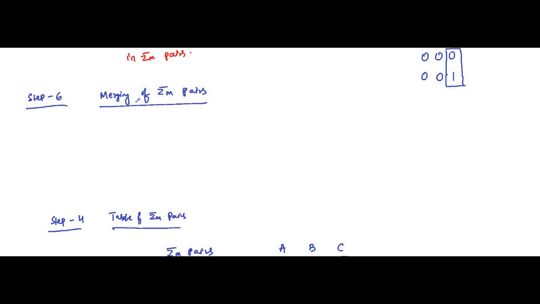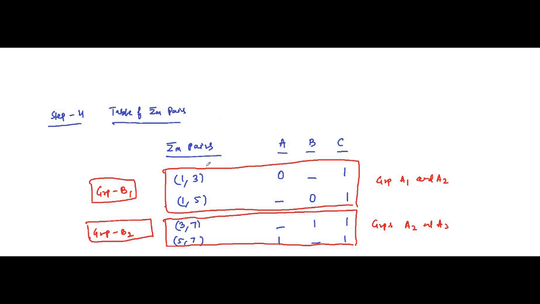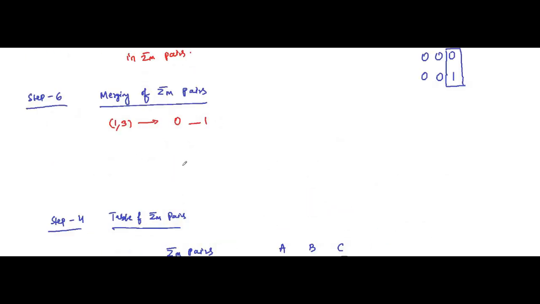1 3 and 5 7. So 1 3 is again 0 dash 1, and 5 7 is 1 dash 1. So here if you see, it is different in the MSB, it is 0, here it is 1. Here it is a blank space, here it is also a blank space, so it is identical. Here it is 1, here it is 1, so it is identical.